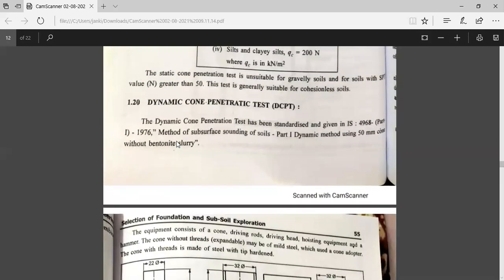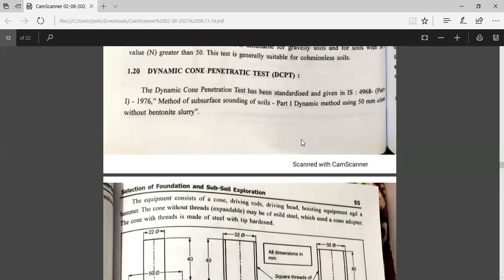Next is the dynamic cone penetration test, which is known as DCPT. This test has been standardized and given in the IS code, which is known as the method of subsurface sounding of soils, part 1. This is a dynamic method using a 50 mm cone without any slurry, as you can see.